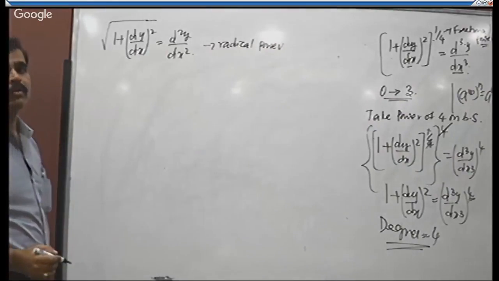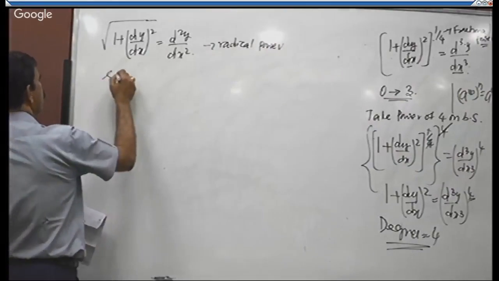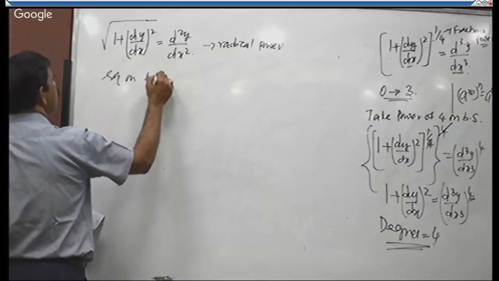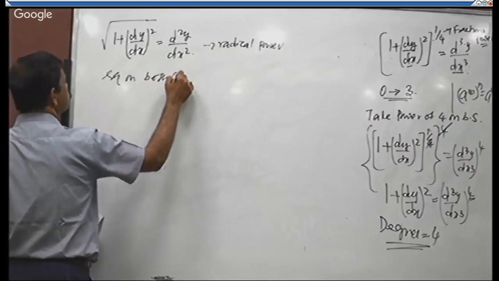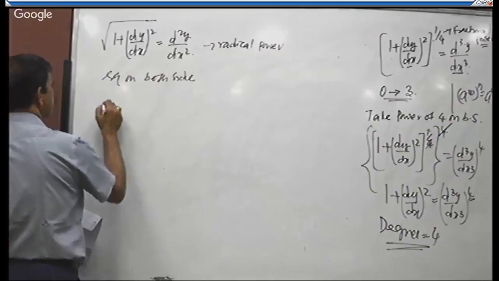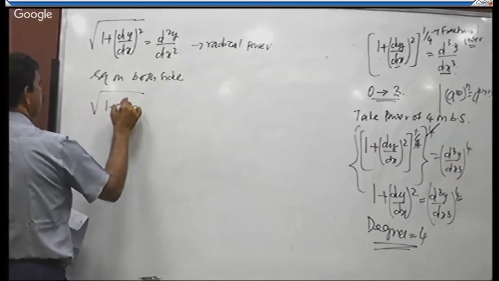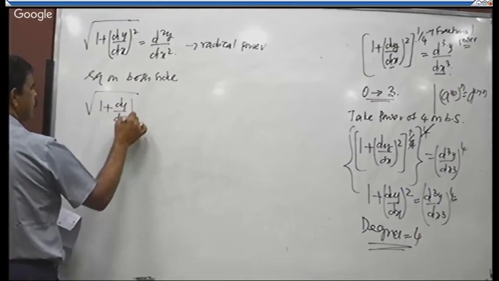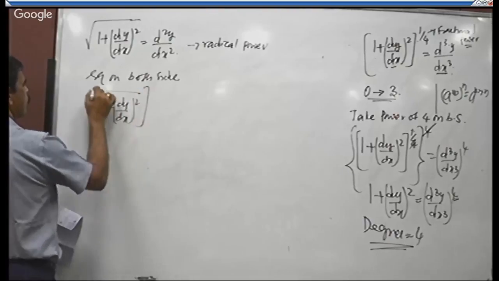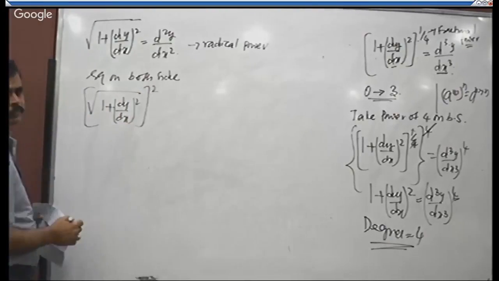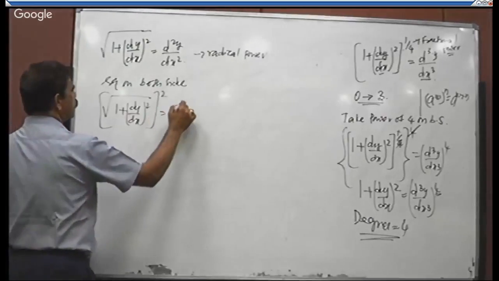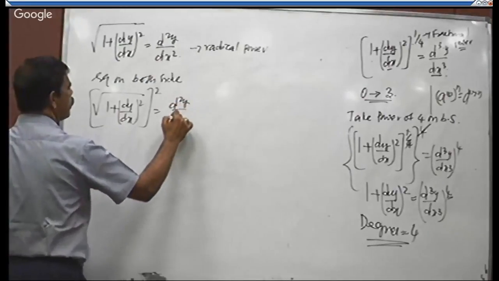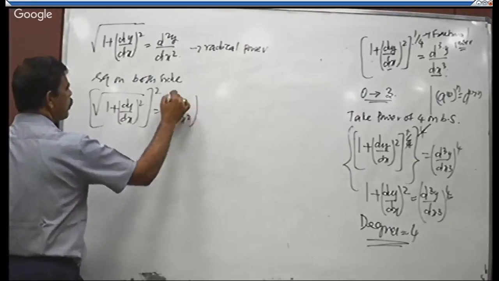How to remove the root? You just square on both sides. If I square this, root of 1 plus dy by dx whole square, whole to the power of 2, is equal to d square y by dx square whole to the power of 2.